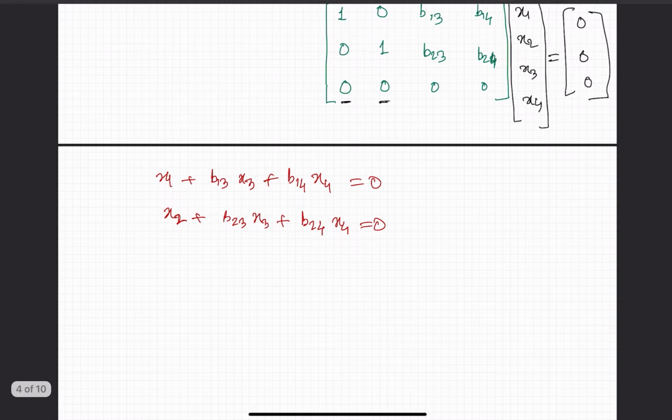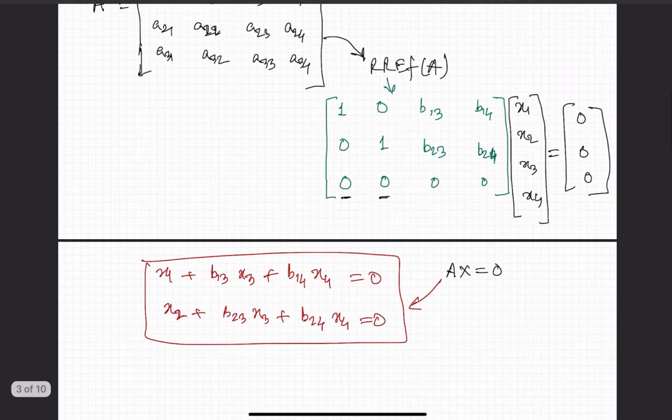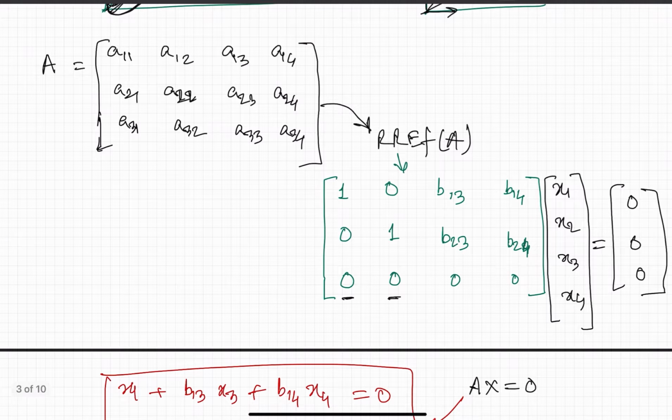These two equations we are getting from the original equation Ax is equal to 0.